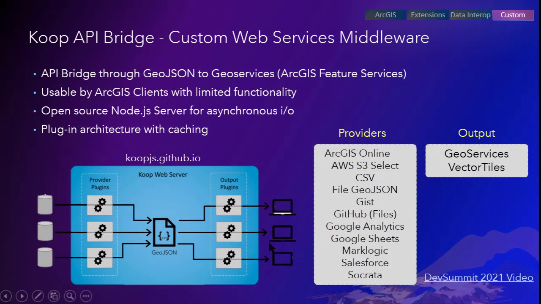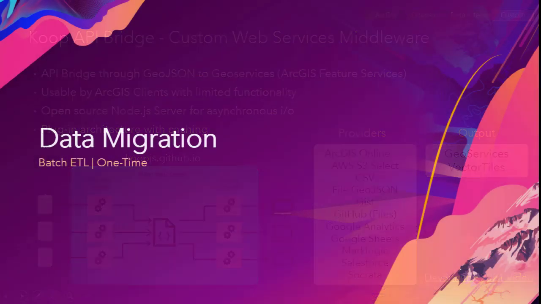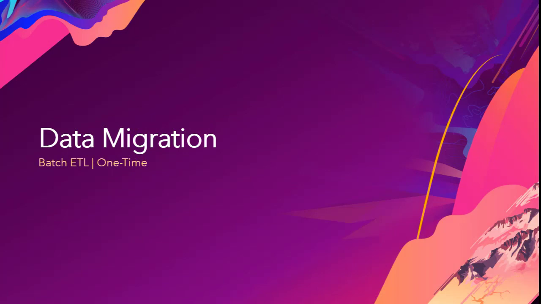Then for data that needs to be converted into feature services and accessed in clients that way, there's an open source project called Koop that provides a bridge that converts any API to GeoJSON and then onto Esri GeoServices, which is the open source version of the feature service, so that it can be accessed for visualization and limited exploration in ArcGIS clients. Now moving on to the next use case.